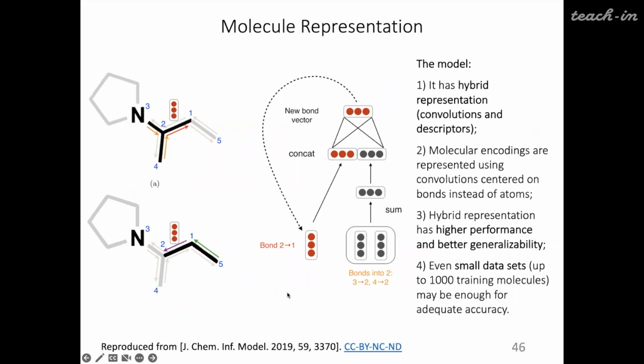You can refer to this article for a detailed description of the approach used by the authors. So they combined convolutions and descriptors, with convolutions centered on bonds instead of atoms, to describe biologically active molecules.